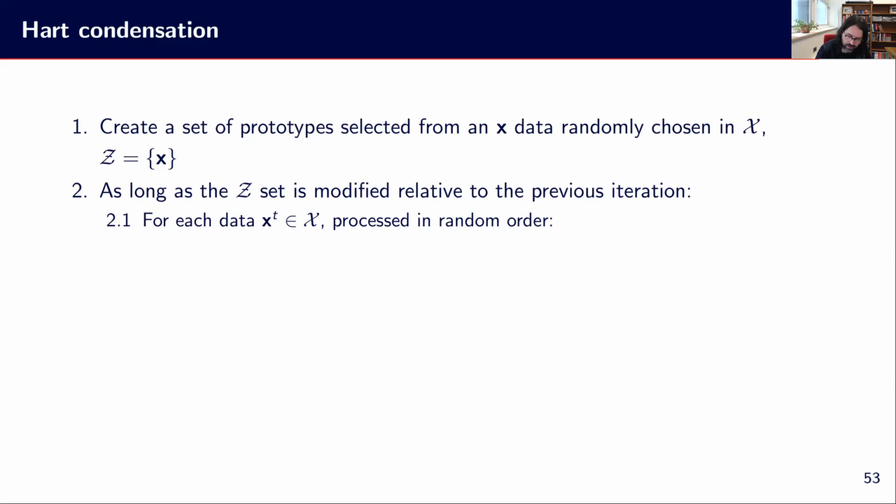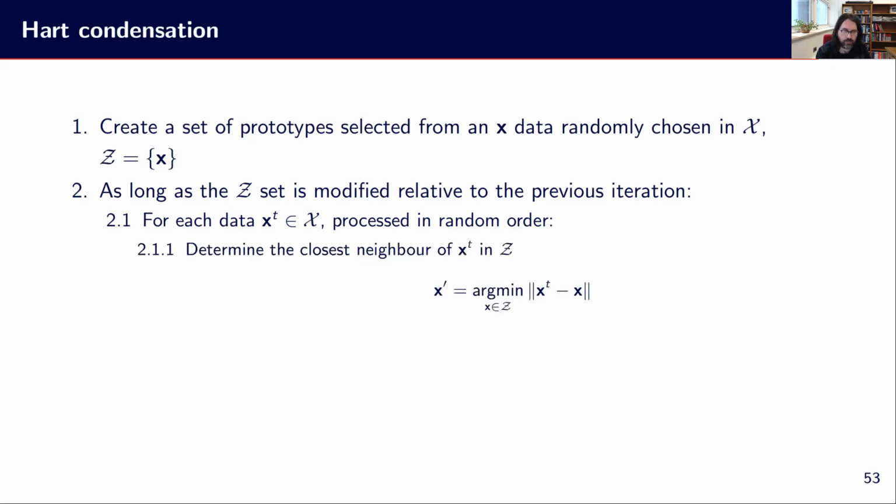That's important because the order in which we process our data from X changes the outcome, and we do not want to depend on some kind of arbitrary order. We need to shuffle the data set in some way, or process it in some kind of random order that is different from one iteration to another.